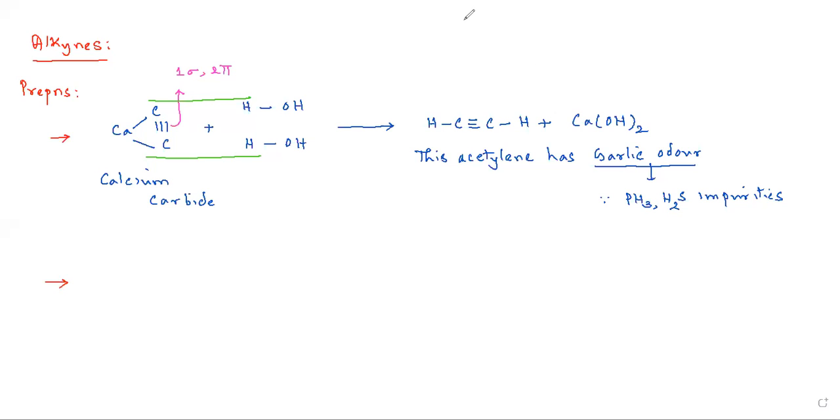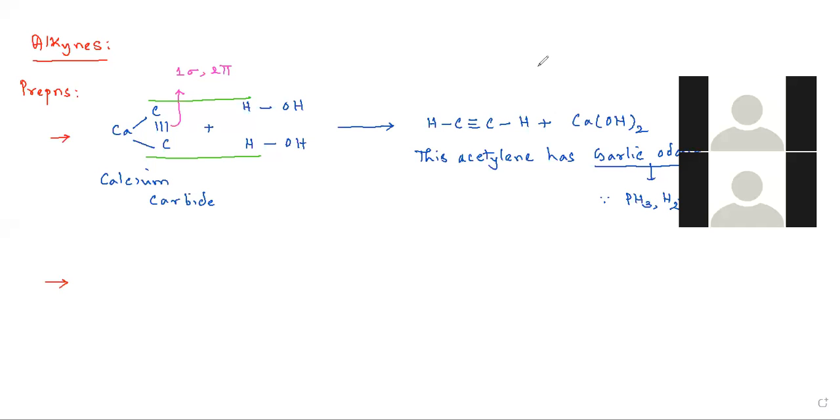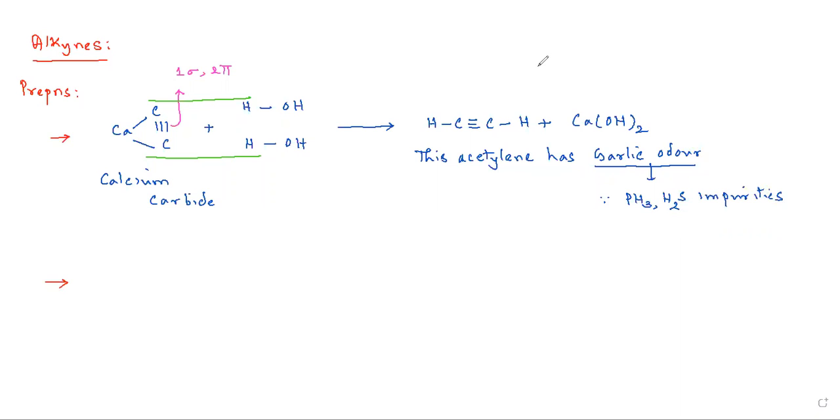Now there is another carbide which we come across most frequently. Let me also give that. Magnesium carbide. So this magnesium carbide on hydrolysis gives propyne.